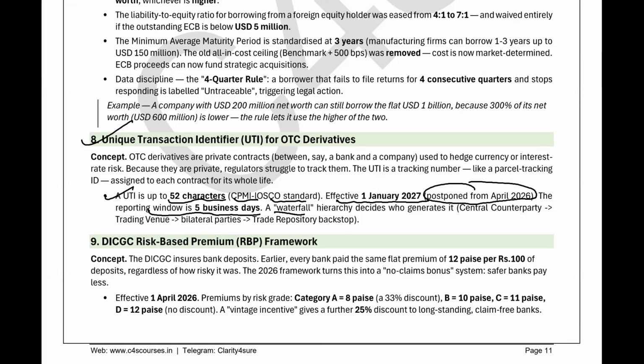A waterfall hierarchy decides who generates it: central counterparty, trading venue, bilateral parties, and trade repository backstop. I know everyone is not understanding these points, but try to understand what UTI is. It is 52 characters. Okay, the CPMI-IOSCO standard, effective from 1st January. Remember only this. UTI is a tracking number, like a parcel tracking ID, assigned to each contract for its whole life.